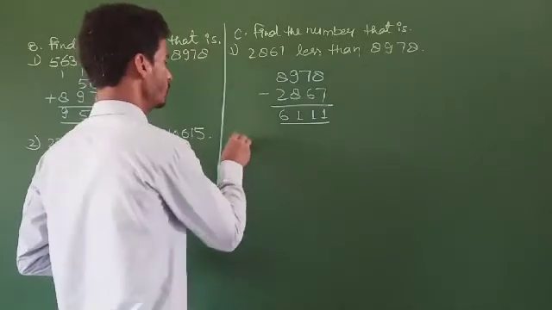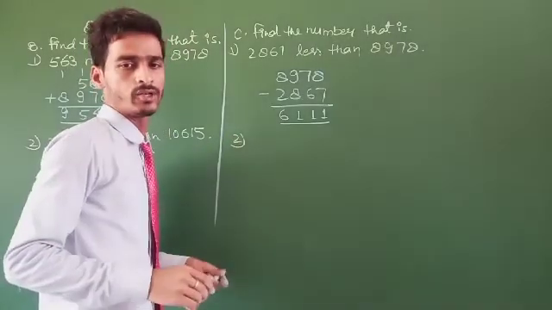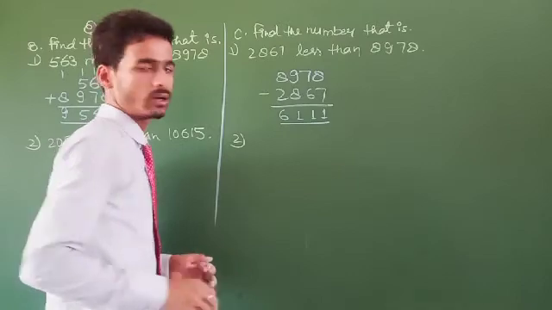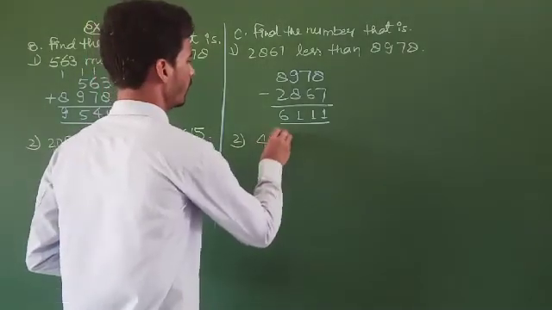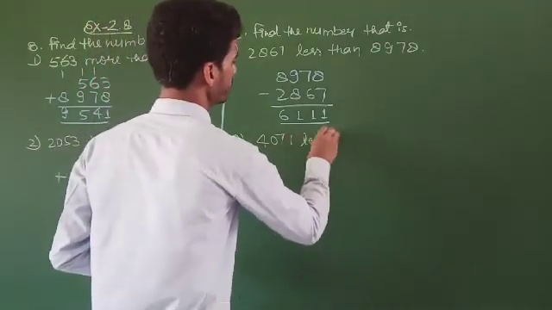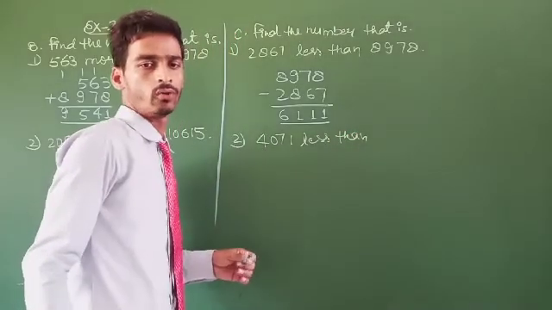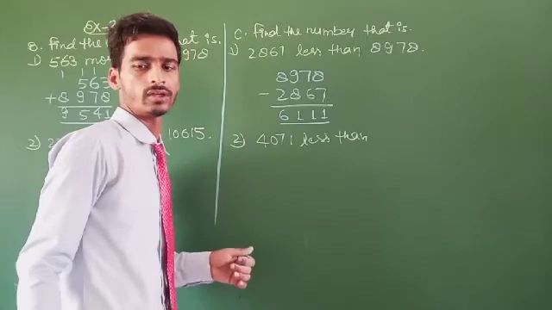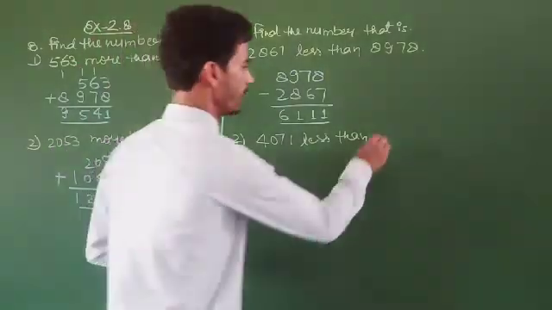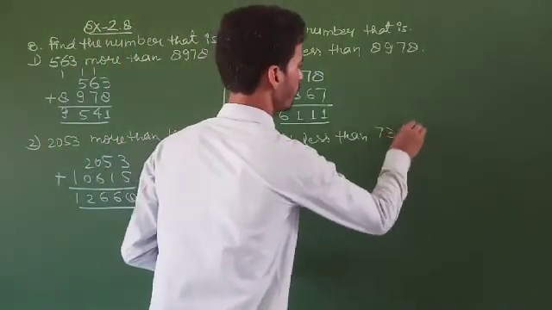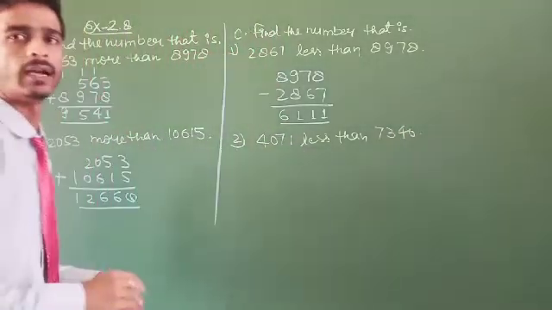Now question number 2. What is question number 2? 4071 less than 7340. Okay, so let's subtract it.